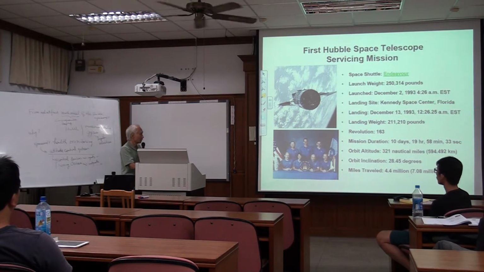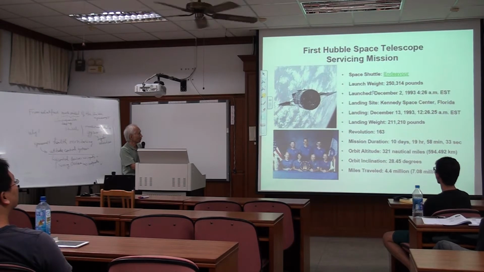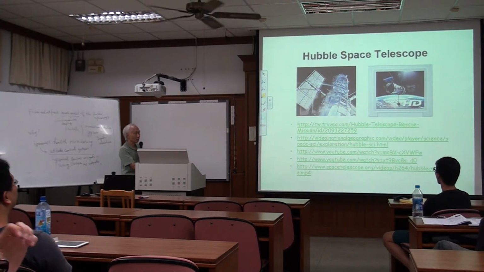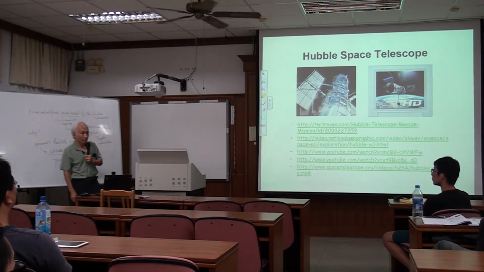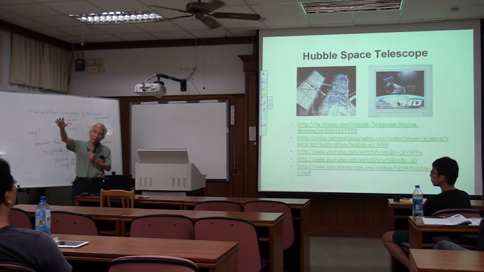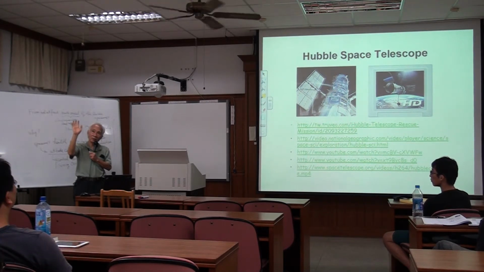So that's a good question. We want to have a look at this. If you go back to the Hubble configuration, it has a solar panel, and this solar panel is flexible. Under the sun, the solar panel facing the sun is very hot.